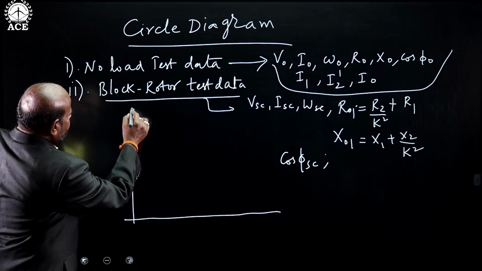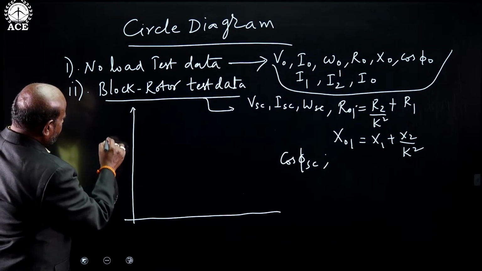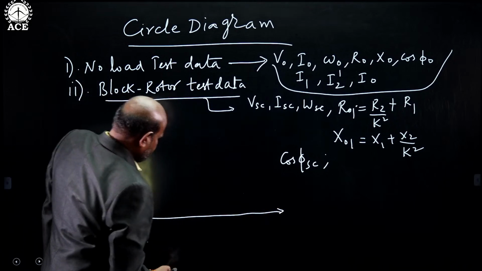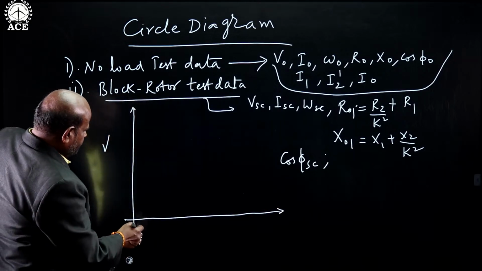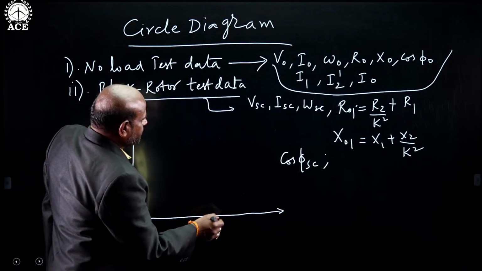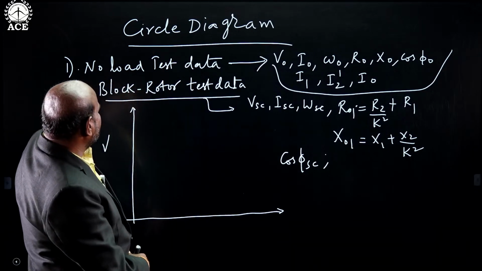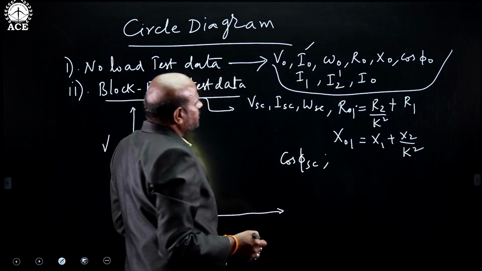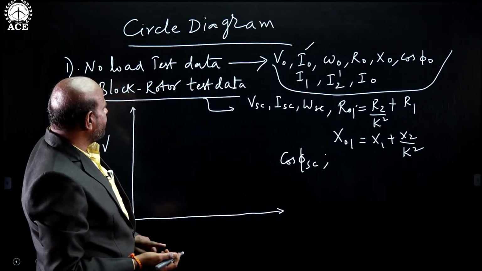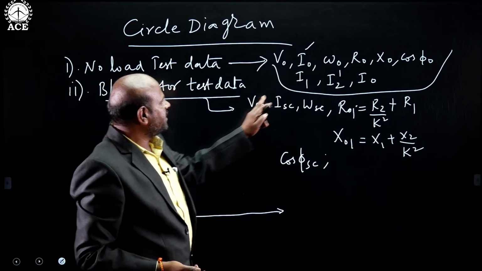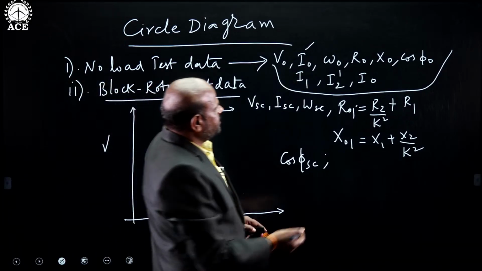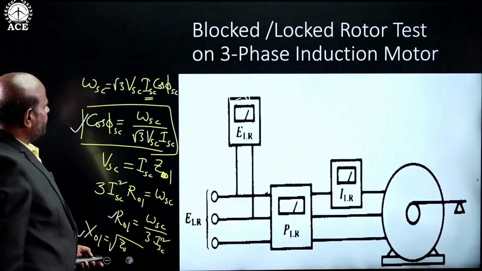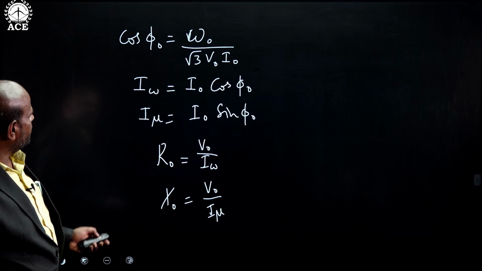So let us consider voltage is taken along the y-axis and current on the x-axis. Now from no load test data, we can find out I0. Phi naught is the angle between V0 and I0, based upon the power factor cos phi naught, which we have already calculated from the no load test.